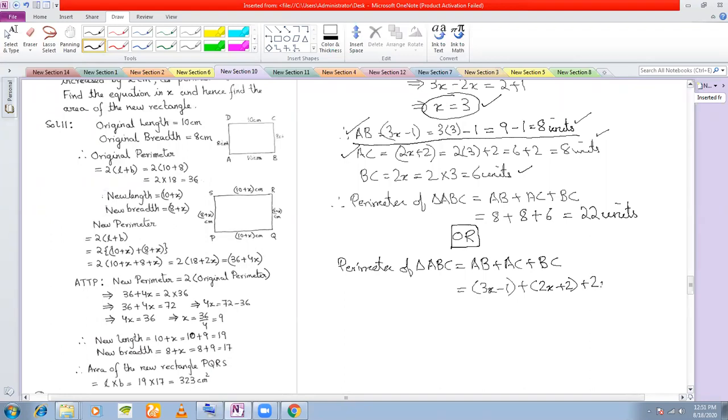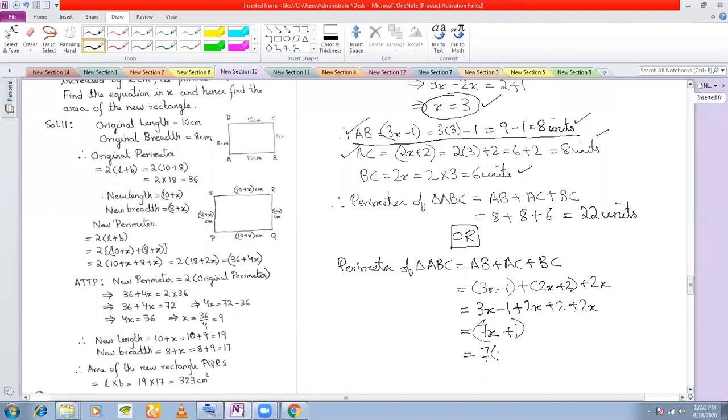And BC you know as 2x. So you add all this. You get 3x plus 2x as 7x, and 2 minus 1 will give you a plus 1. So 7x plus 1. The perimeter of this triangle ABC is 7x plus 1.